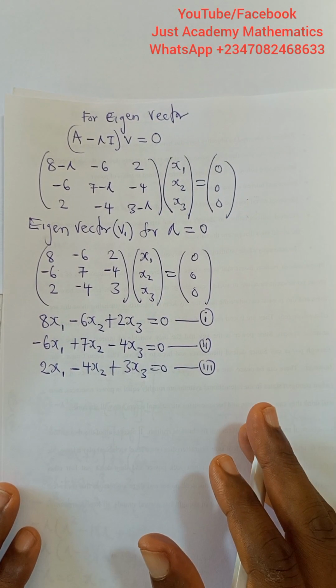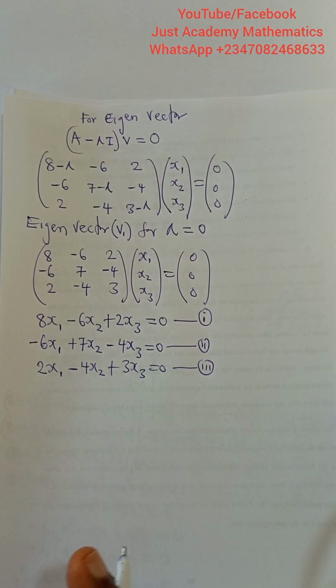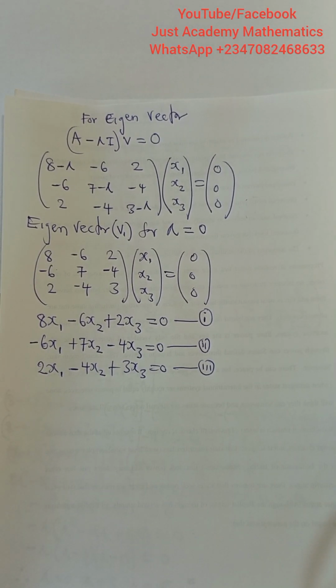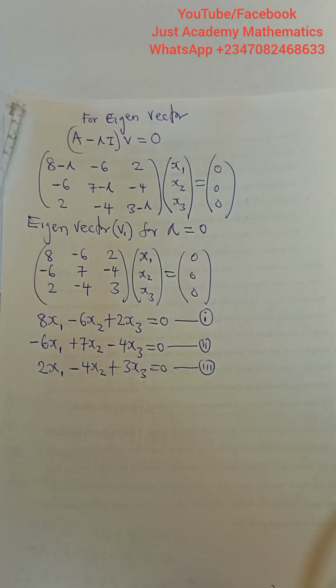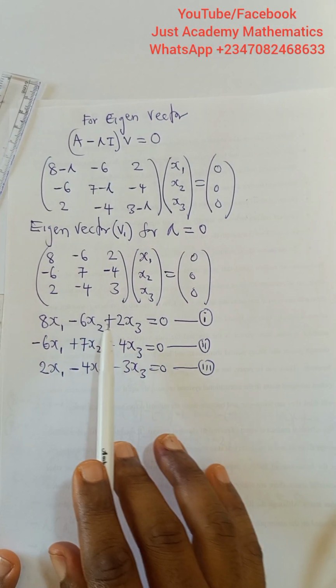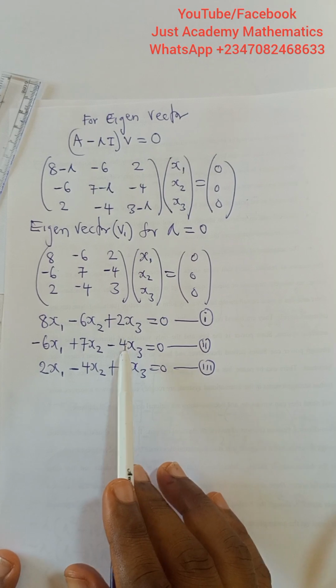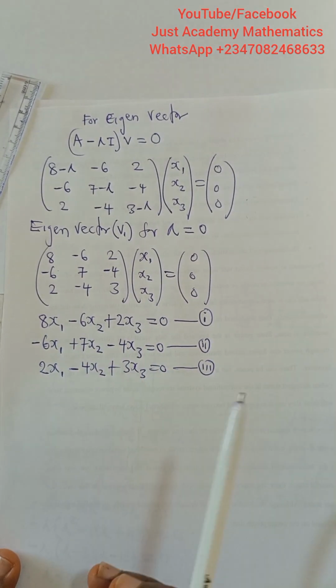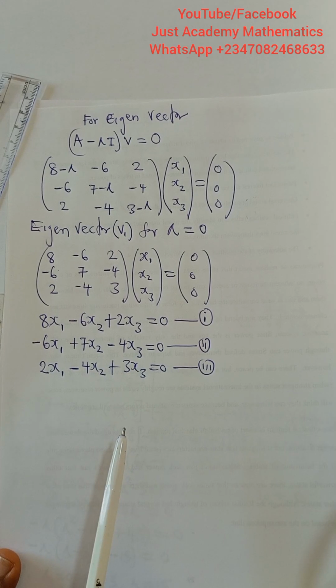Now the first thing: finding the eigenvector does not mean you should go and find the values of x1, x2, x3. No. What you are going to do here is find x1, x2, x3 in terms of either x1, x2, or x3. Then you arrange it accordingly to get the vector.